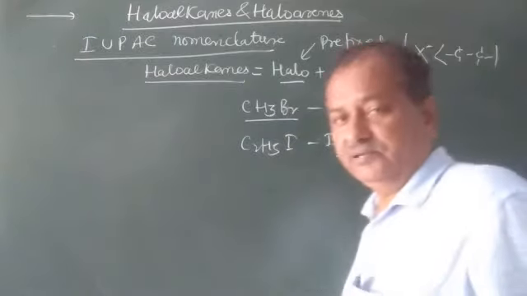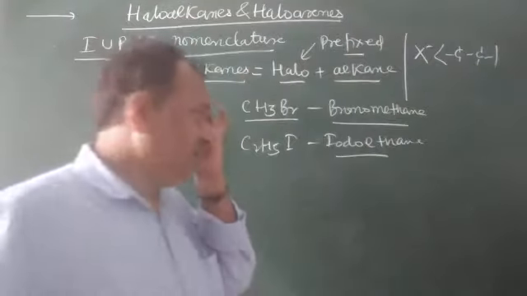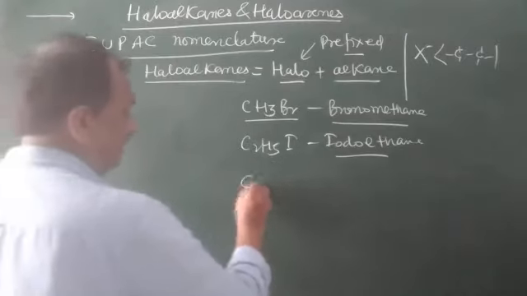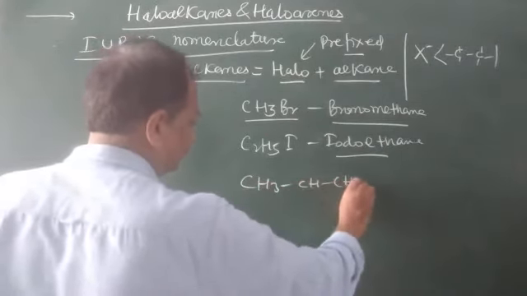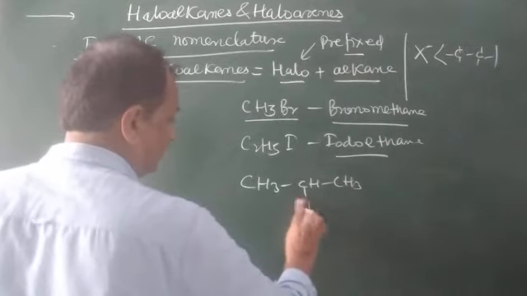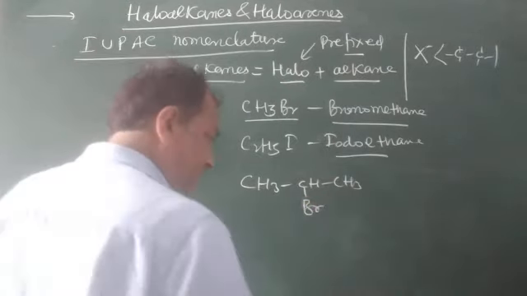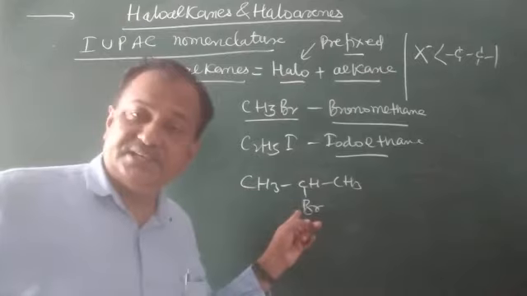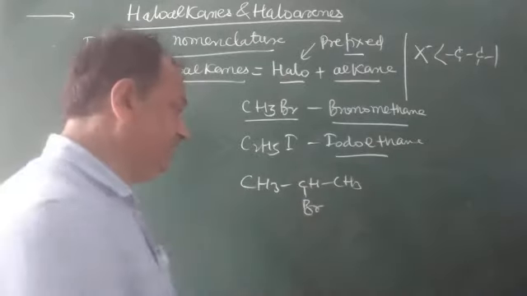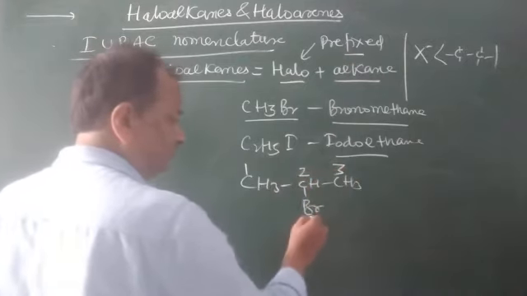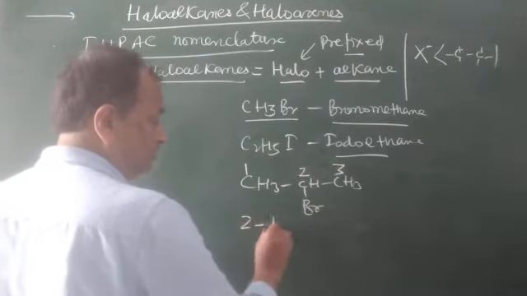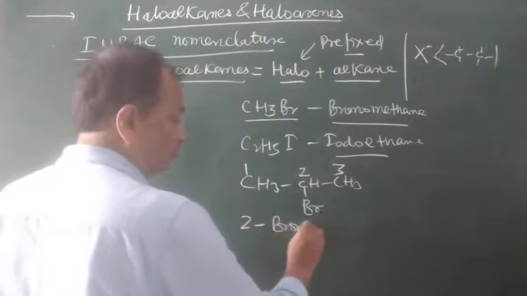If there is some change, like CH3CHBrCH3, since halo is prefixed, we write numbering 1, 2 and 3. So the bromine comes at 2.